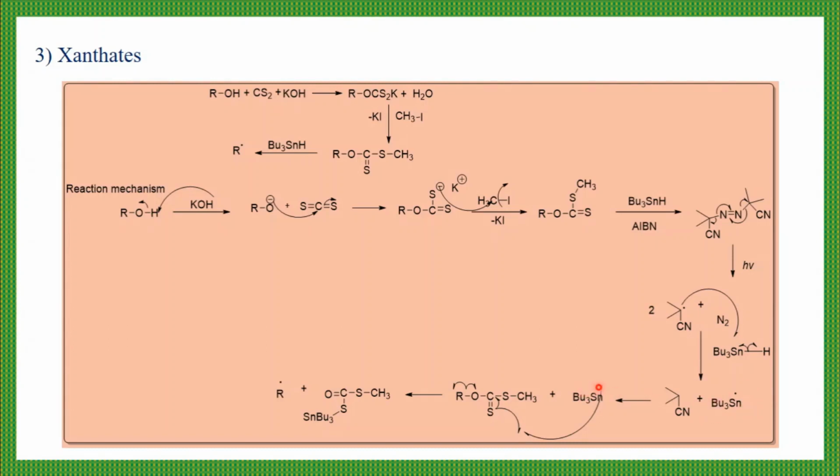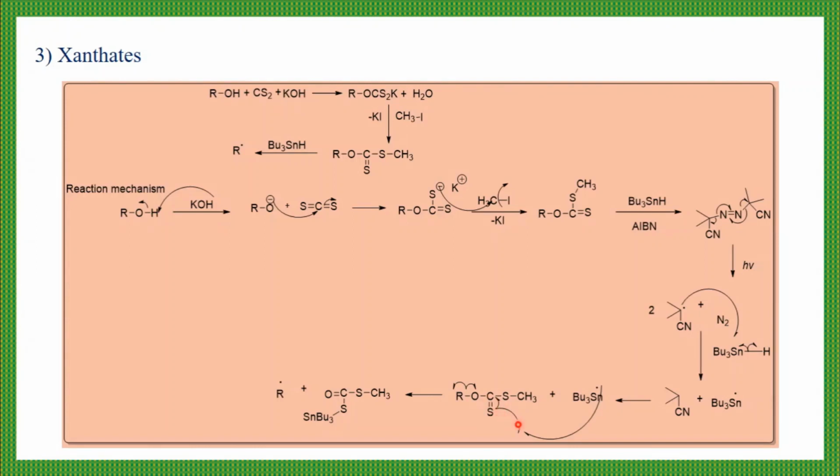Now this tributyltin radical will react with your xanthate. In the xanthate you have a carbon-sulfur double bond, so that bond undergoes homolysis. You will get S radical and C radical.